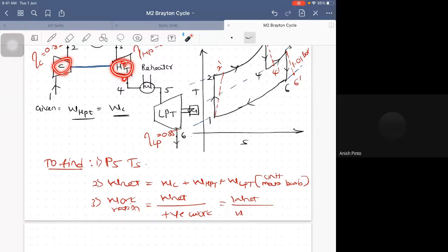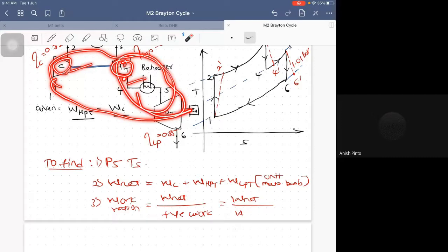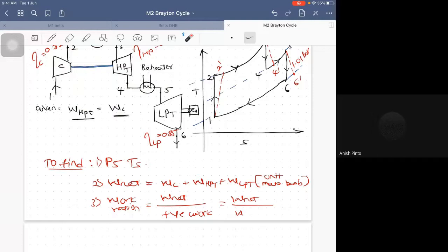But yet you have to consider all three different work done. Out of which two are positive in nature and one is negative in nature. All three have to be taken into account. Is that clear? Yes, sir. So positive work means WHP turbine plus WLP turbine. These two are positive work.